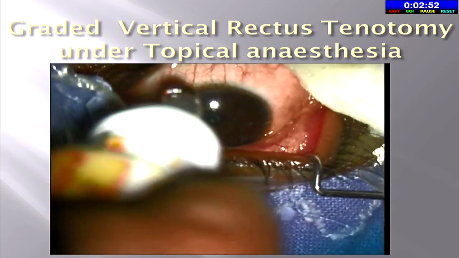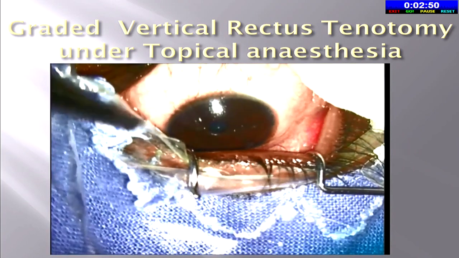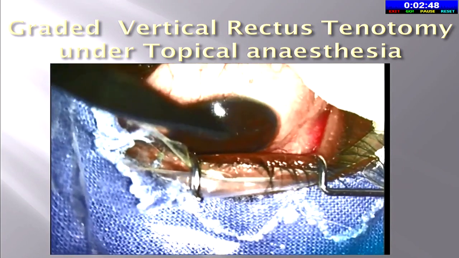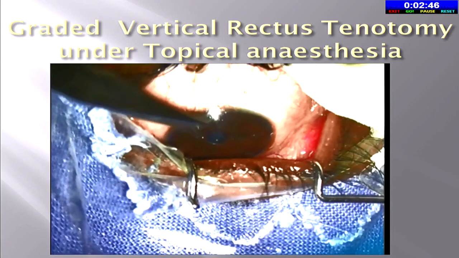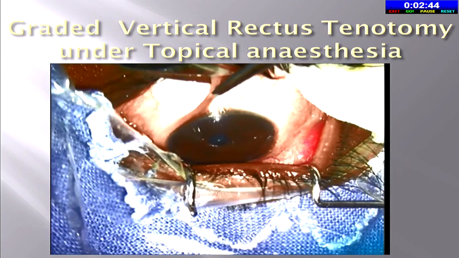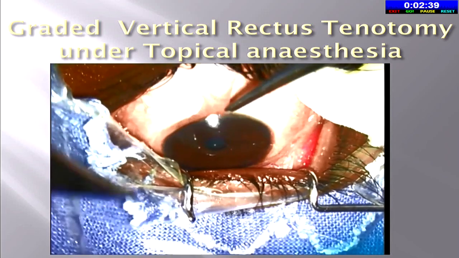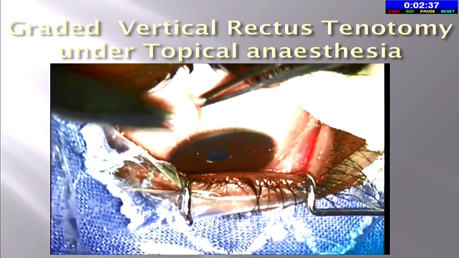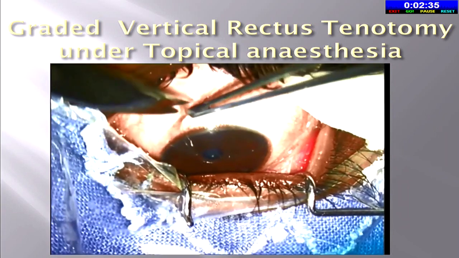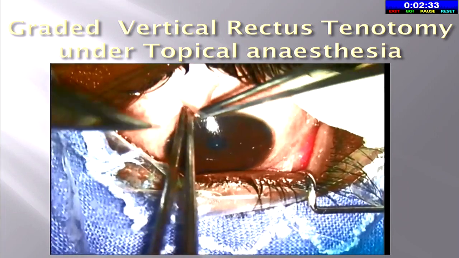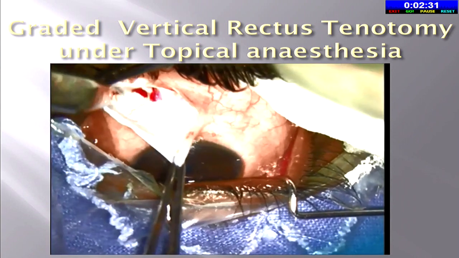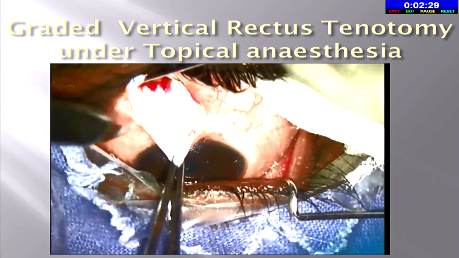So we did a graded vertical rectus tenotomy under topical anesthesia. Again, the patient is asked to look away from the superior rectus, where we are going to operate, and temporal to the insertion we hook the muscle. Even hooking doesn't produce much pain when topical anesthesia is used. This is just Paracaine with no other sedation.